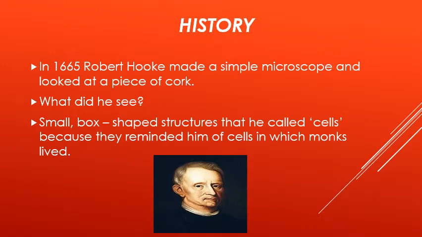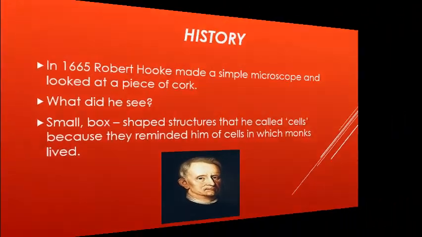He thought that these spaces looked like the little dormitory rooms that monks lived in a monastery. So he called such small boxes cellulae, because in Latin the word for rooms is cellula, and thus the term cell came from the Latin word cellula.